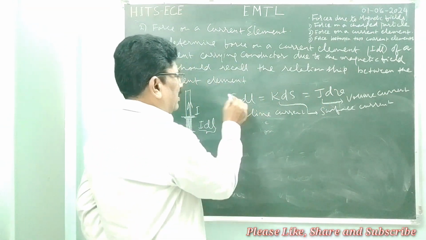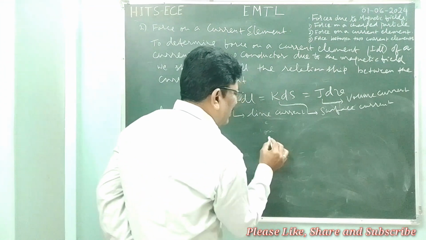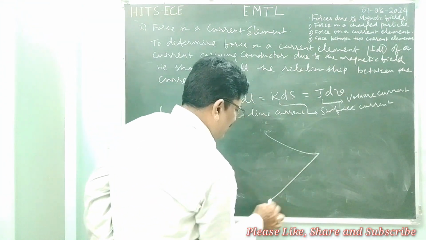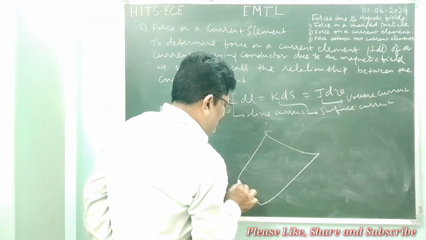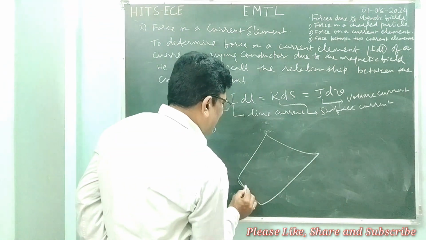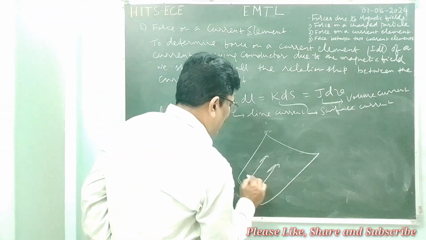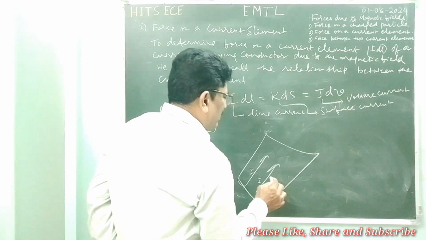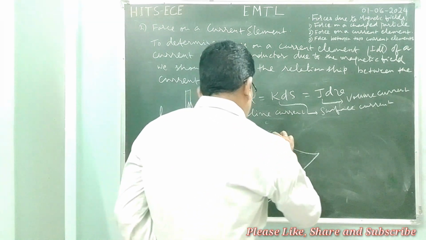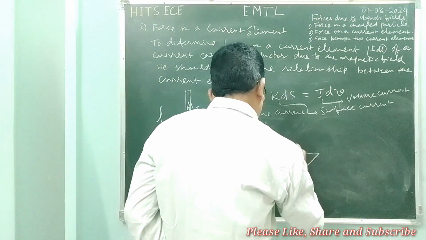The line current need not be explained. What is surface current? Let us consider a surface through which current I is flowing.